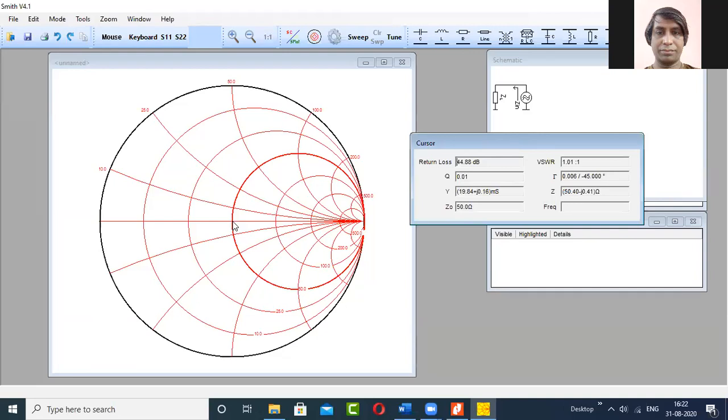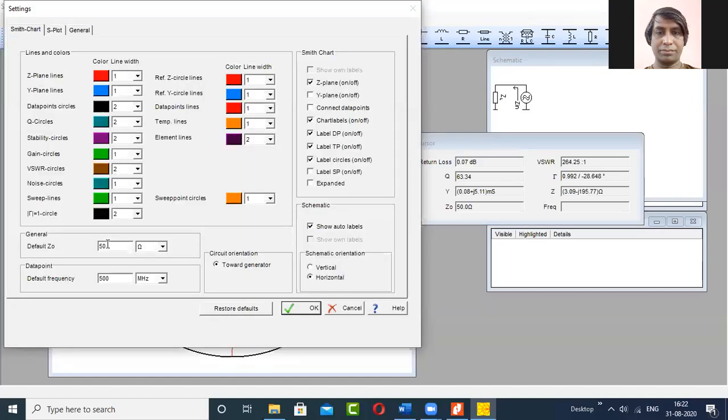So here, by default it is 50. If you want to choose it as per your design, you can change it. And the frequency is a default frequency. Whenever you want to change it, you can change it from outside.